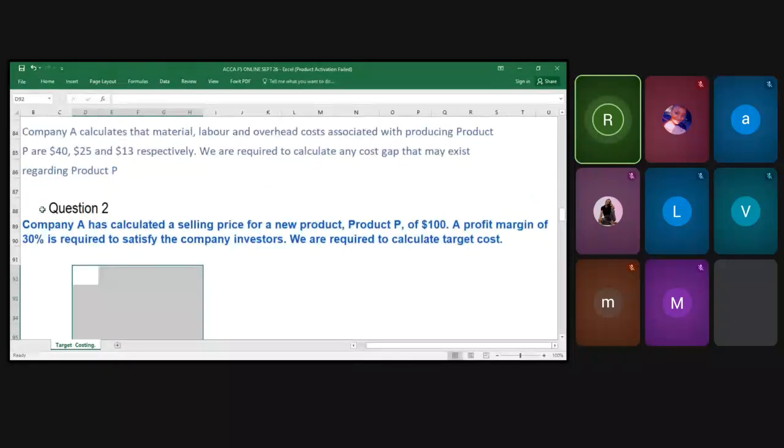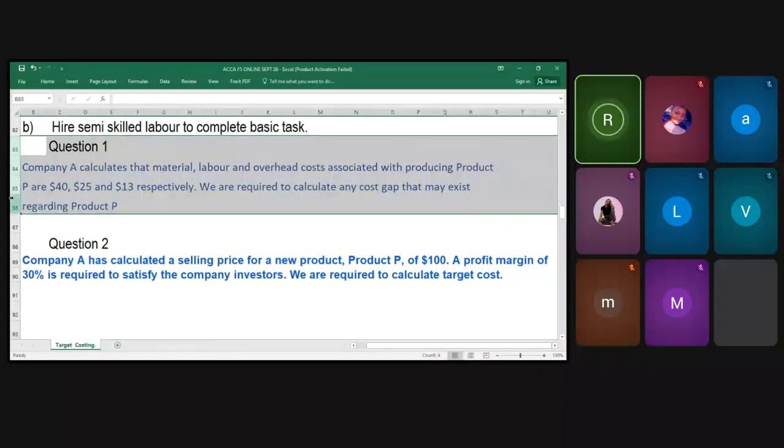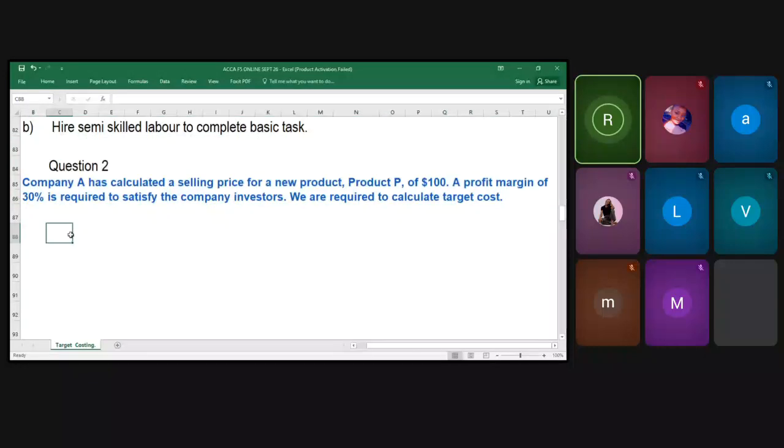The question you have to look at is Edward Core. Find it in the question bank. If you can't find it, please let me know so that I can assist you locating it. This one we have concluded.